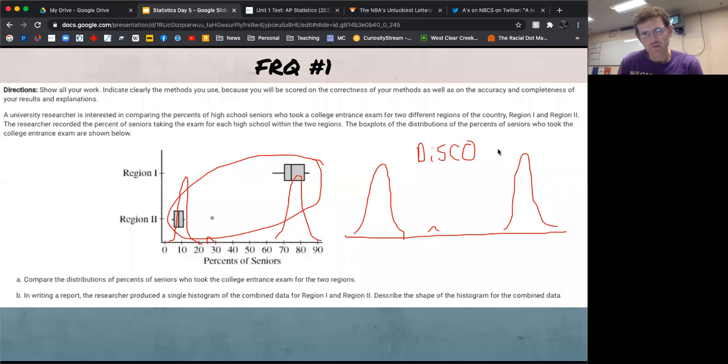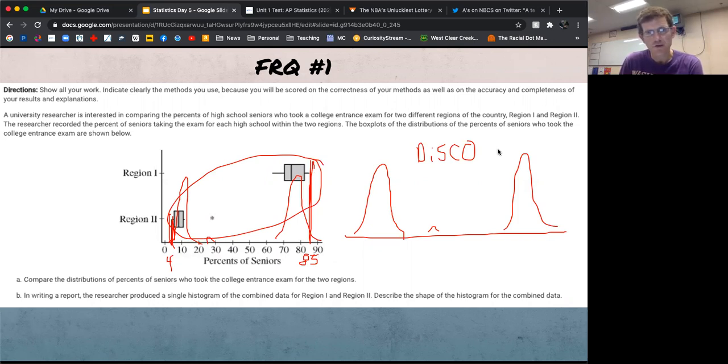If I describe the spread, actually I wouldn't want to describe the spread except to say that it goes from a range of about 4% maybe up to a max of 85% maybe. So I could talk about the range.